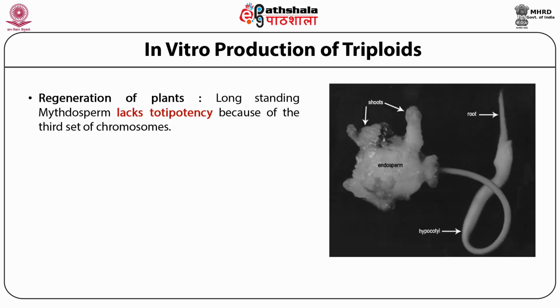They felt that the endosperm tissue, which is not a normal tissue because it has an additional set of chromosomes, is not capable of organizing into plants, because in nature, there is no example whatsoever that the endosperm forms an organ, even a root, or not even cellular differentiation like tracheidal differentiation. So for a very long time, people felt that endosperm lacks totipotency because of the presence of the third set of chromosomes.